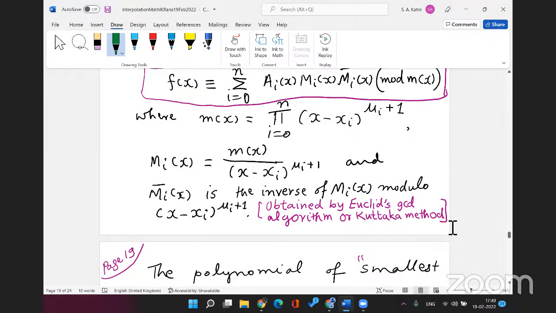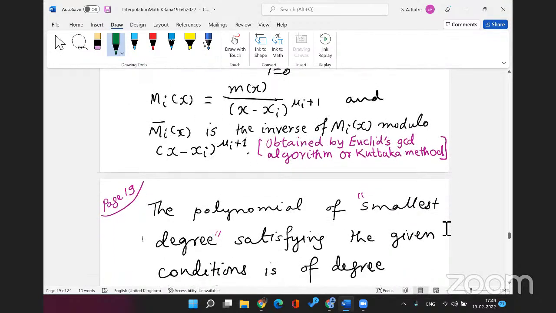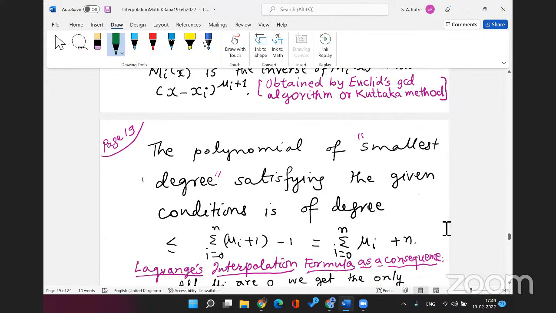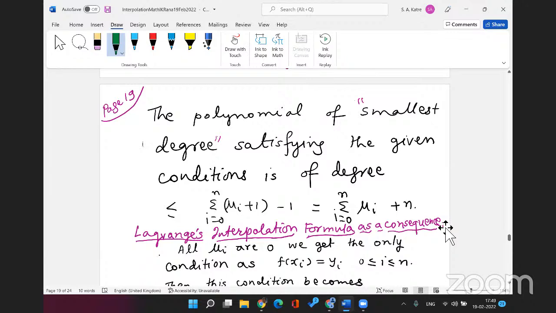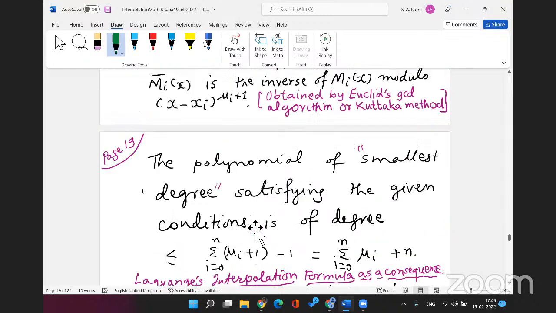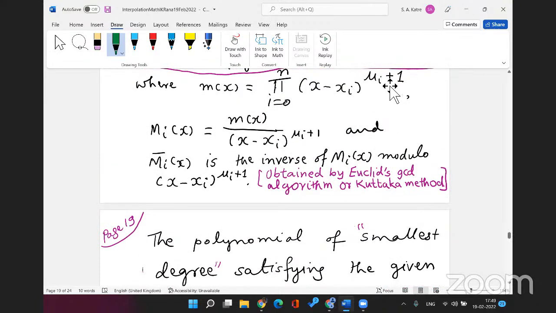Actually, the Indian Kuttaka method is written for integers, but the same thing you can use for polynomials too in a similar way. Okay. So now the polynomial of smallest degree satisfying the given conditions has the degree summation of (mu i plus 1) minus 1, where mu i plus 1 is the degree of x minus xi raised to mu i plus 1.